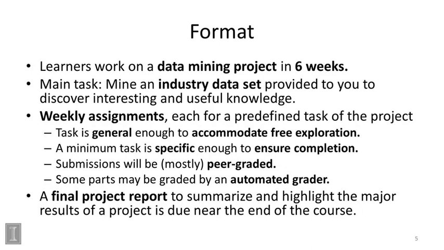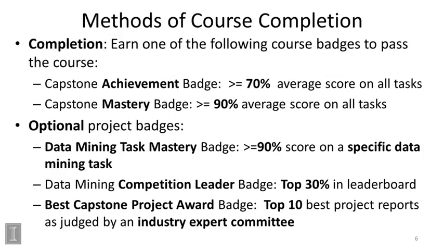Your submissions for these assignments will be mostly peer graded, but some parts may also be graded by an automated grader. And in the end, you are also going to submit a final project report to summarize and highlight the major results of the project, and this will be due near the end of the course. There are multiple methods for finishing this course, but the basic method is to achieve an average score on all the tasks above of 70% or higher.